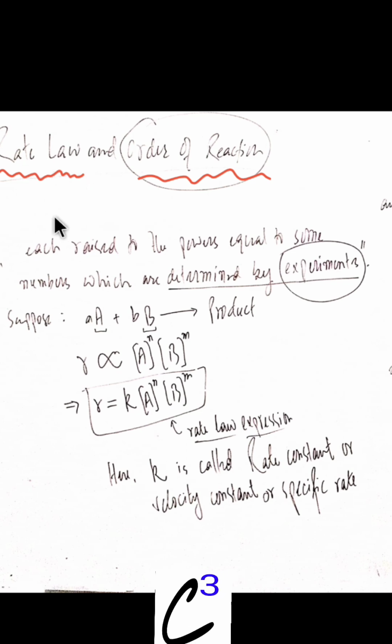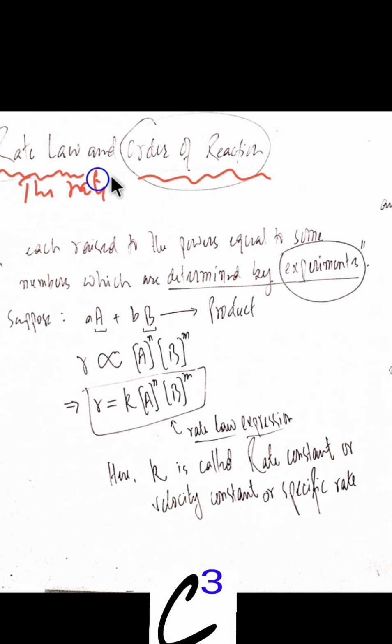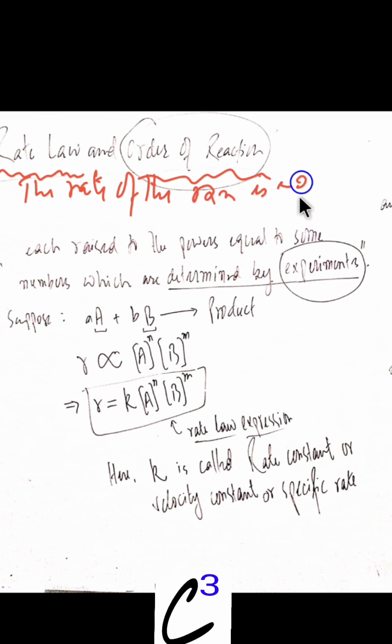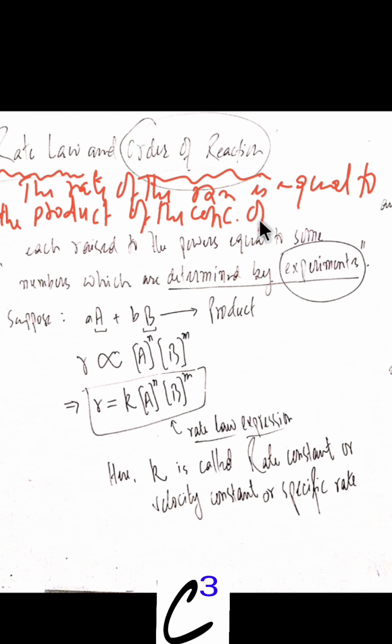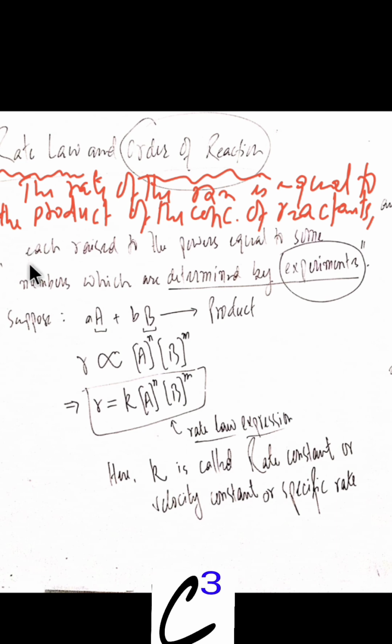Now the rate law of any balanced chemical reaction states that the rate of the reaction is equal to the product of the concentrations of reactants, each raised to powers equal to some numbers which are determined by experiments.